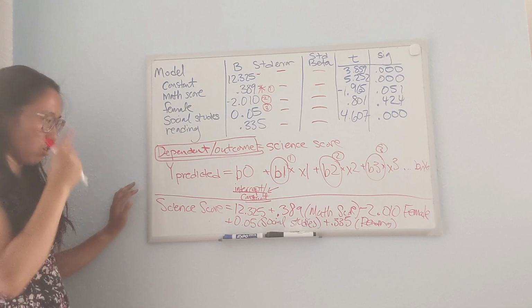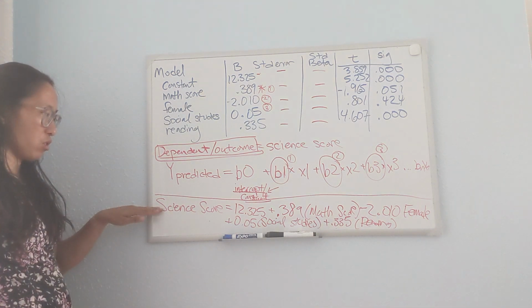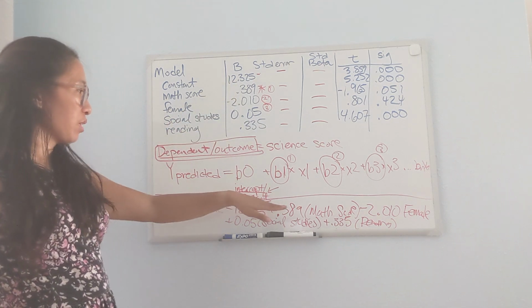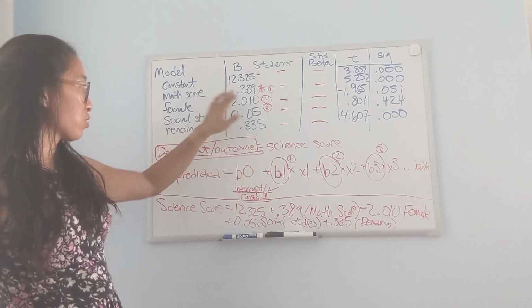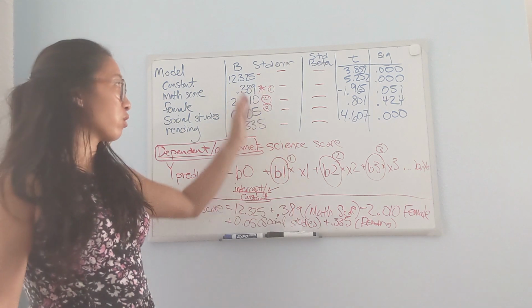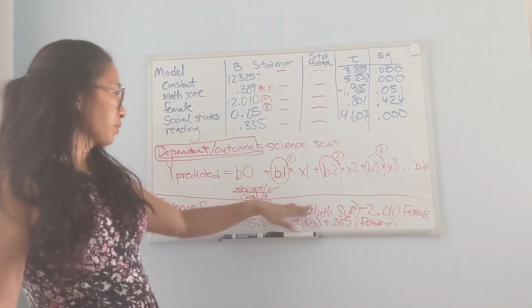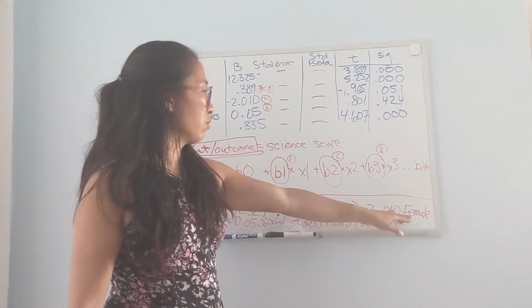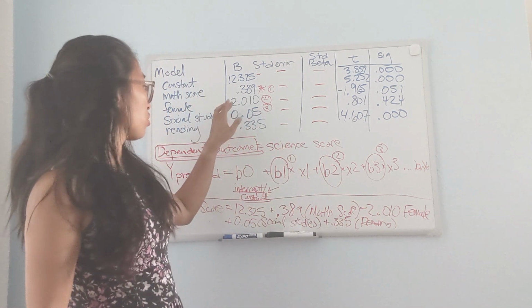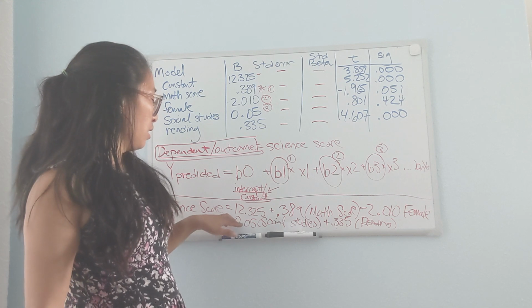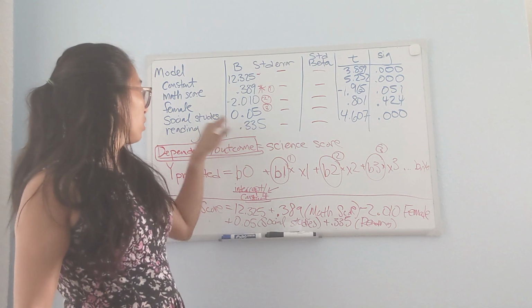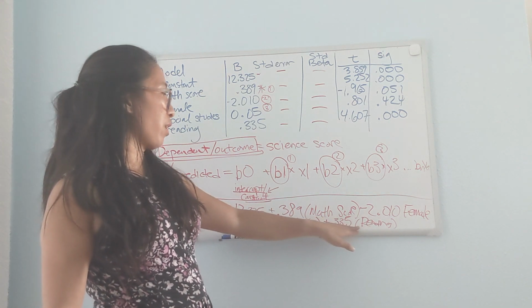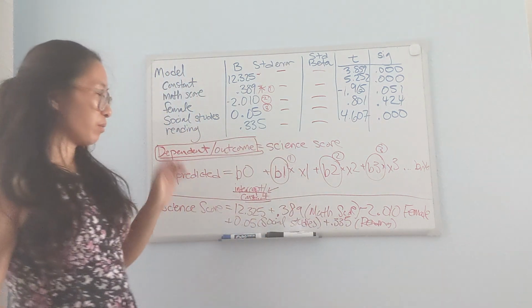So essentially you have science score equals the constant, which I'm just getting from the table, plus the coefficient for math score, which is 0.389, or the beta score, right? And then minus 2.010 times female, so that's the coefficient. And then 0.05 for social studies, and plus 0.335 for reading score.